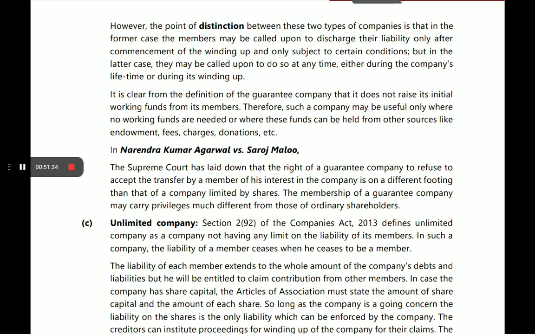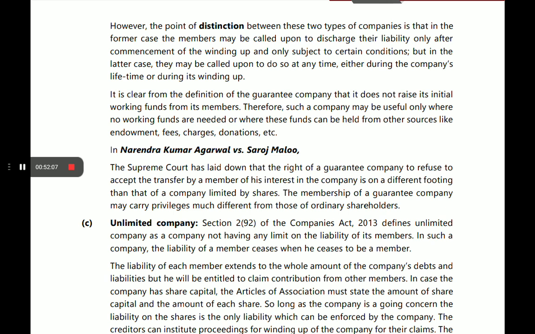In Narendra Kumar Agrawal versus Saroj Malu, the Supreme Court has laid down that the right of a guarantee company to refuse to accept the transfer by a member of his interest in the company is on a different footing than that of a company limited by shares.